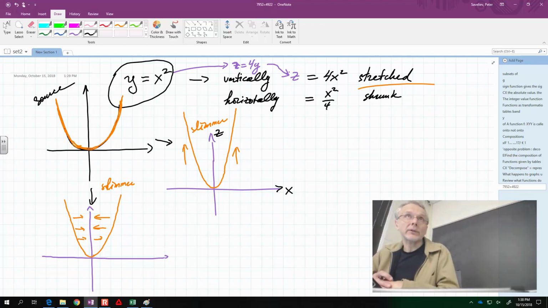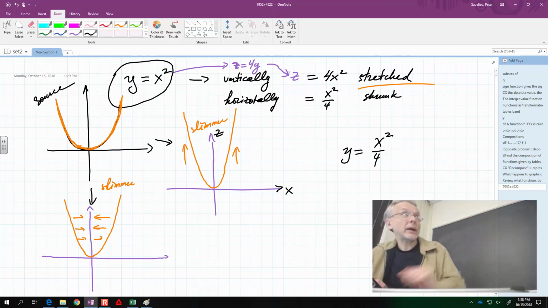The way I wrote it and the way you may have said it, x squared divided by 4. What kind of transformation is that? What has happened to x squared? Well, we have 4x squared at the top, and we have x squared divided by 4, which is 1/4 x squared. What kind of transformation is this?